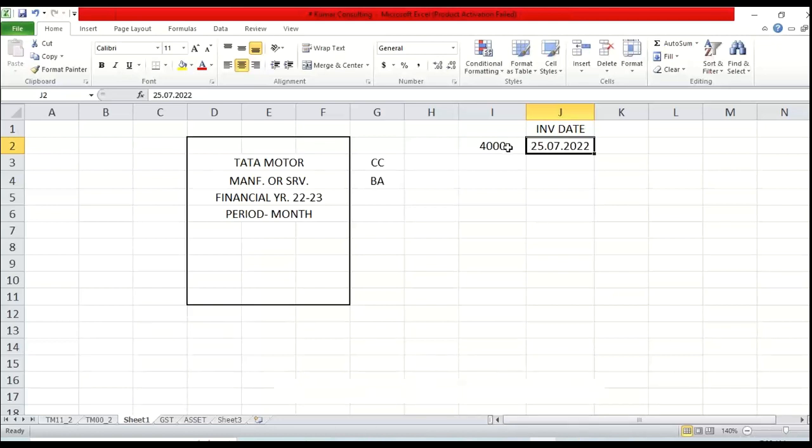So now here what will happen, guys? Okay. So here this invoice was received by the user.